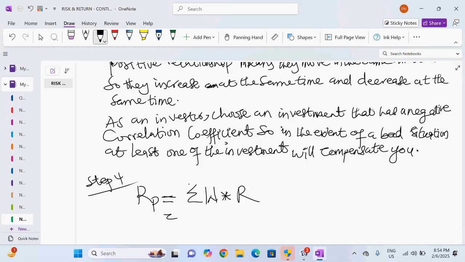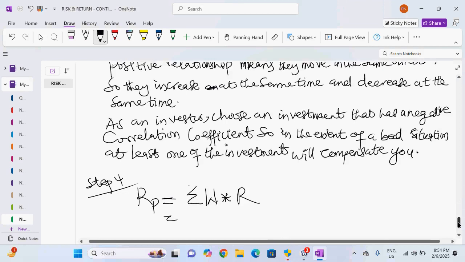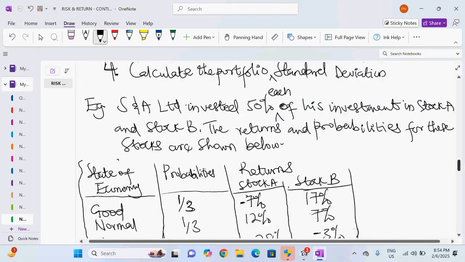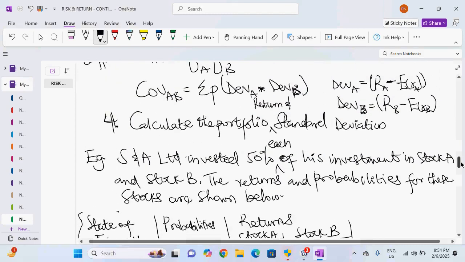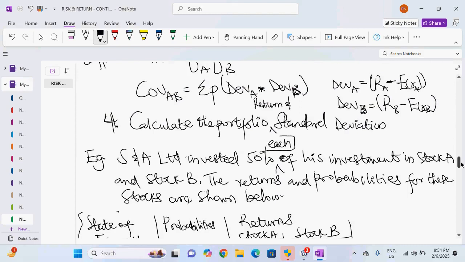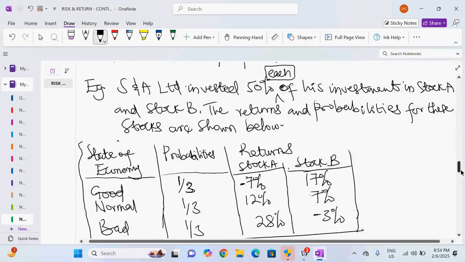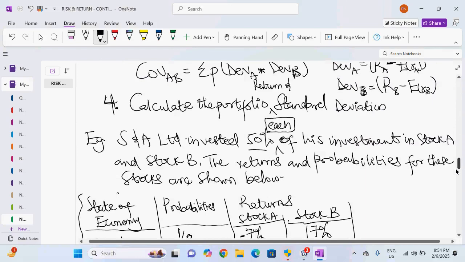SNA Limited invested 50% each of its investment in stock A and B. So what is the weight? 50%.